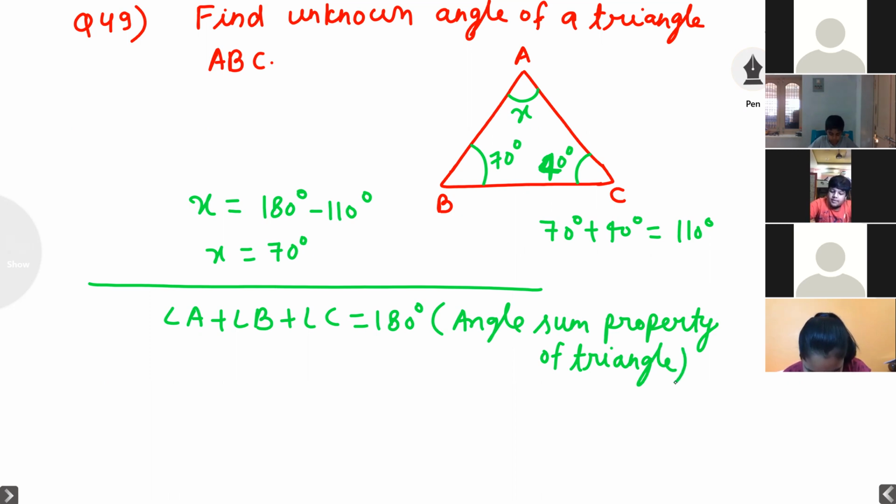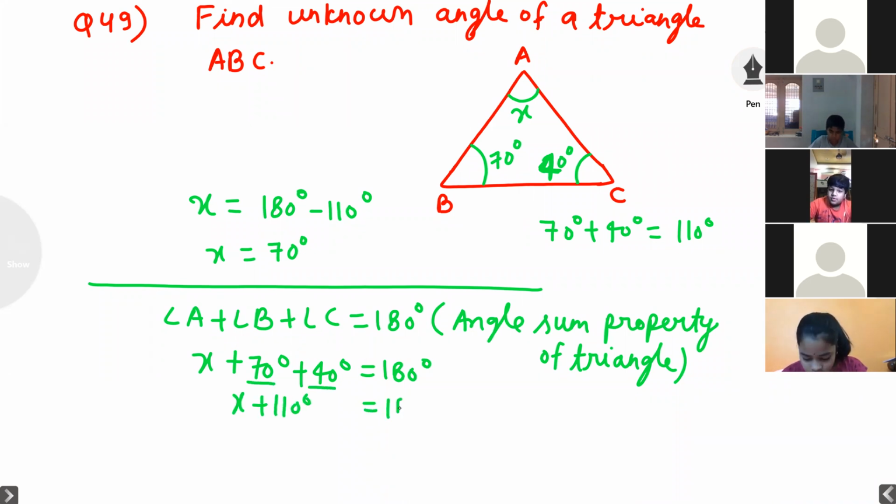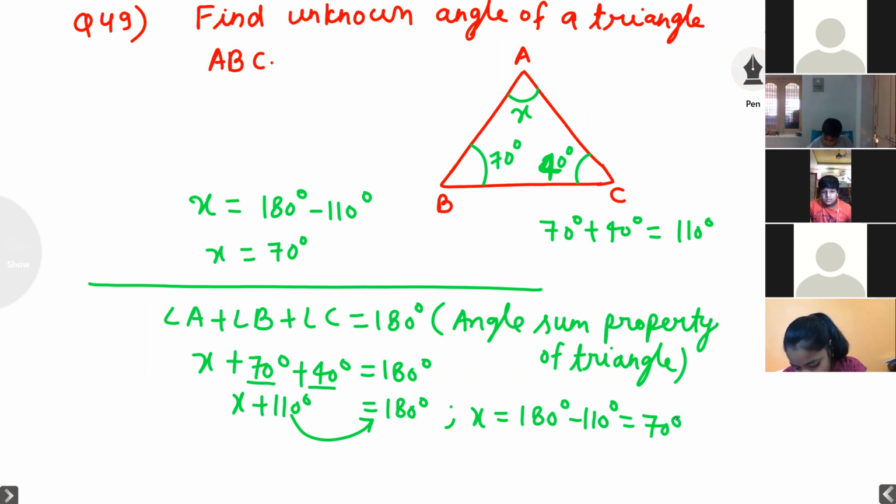Angle A he has given as x, angle B is 70 degrees, angle C is 40 degrees, equal to 180 degrees. X plus 110 degrees, both are like terms, I have added, is equal to 180 degrees. Again, I want to transfer 110 to the right side. Then x is equal to 180 degrees minus 110, equal to 70 degrees. This is the step-by-step process, and this is the direct method.